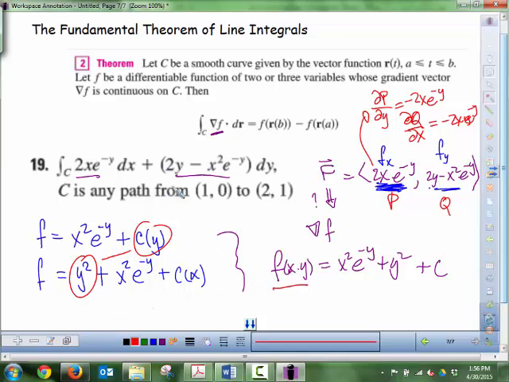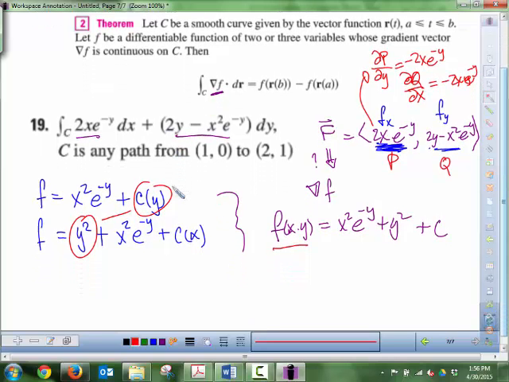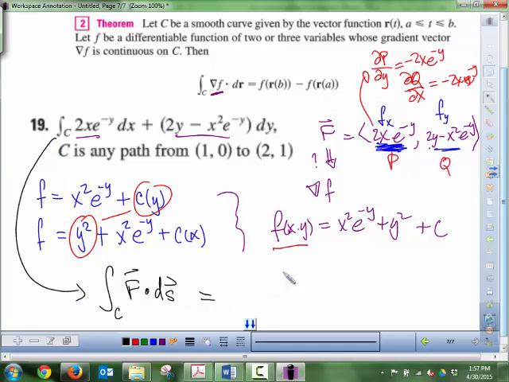Now, if we want to find the integral of this thing, we're still not done, but we can be done in a minute. This line integral is simply equal to this function evaluated at the endpoint minus the original function evaluated at the start point. So put 2 and 1 here.